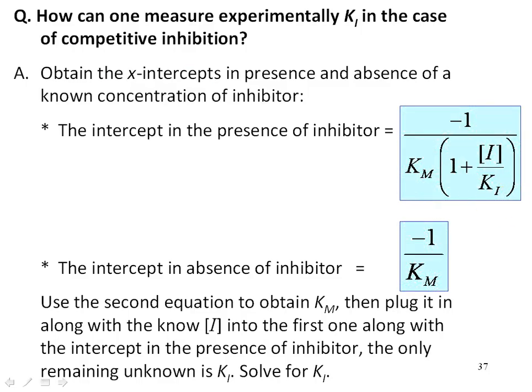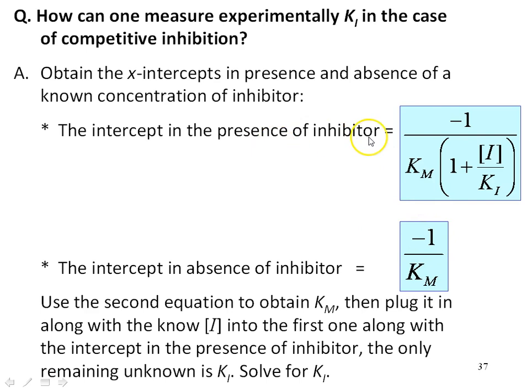Now, how can you measure Ki experimentally in case of a competitive inhibitor? Well, you obtain two Lineweaver-Burk plots, in the presence of a known concentration of inhibitor and in the absence of inhibitor. In the absence of inhibitor, from the Lineweaver-Burk plot, you get the Michaelis constant from the intercept.